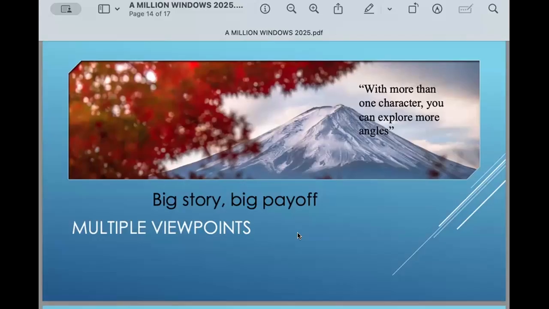So now we're talking about those stories that move beyond your 80,000 word novel, more towards your 150,000 word novels, where you can have really multiple viewpoints. It's really great for epics, sagas, family dramas, that sort of thing. And now you're opening up the world, so the world is seen from a lot of different sides.